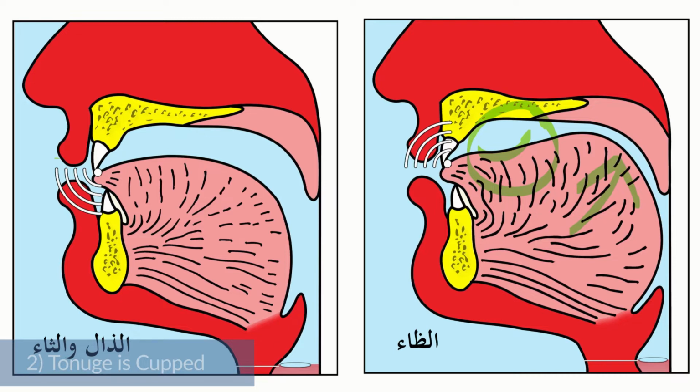On top of that, the epiglottis moves back a bit to narrow that area. So that's the difference between the dha versus the dhal and the tha. Mainly it's with the tongue and the epiglottis. And that gives the dha that heavy pronunciation.